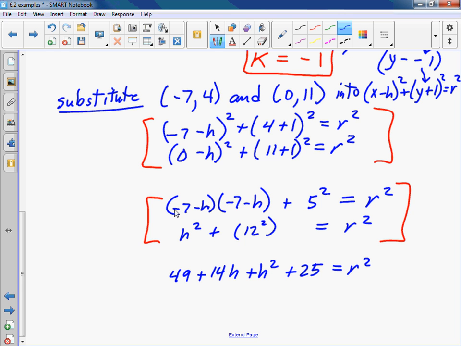Negative times negative, negative times negative, negative times negative, plus h squared. Yeah, that's right. Okay, and then we go minus h squared plus 144 equals r squared.